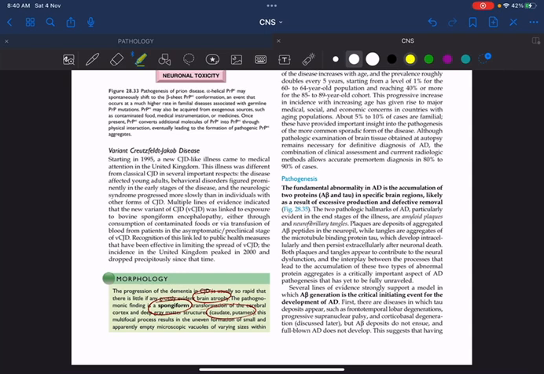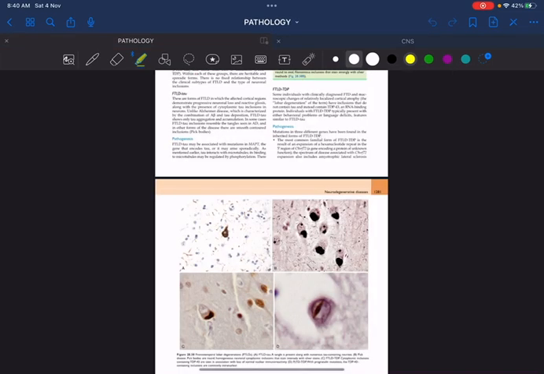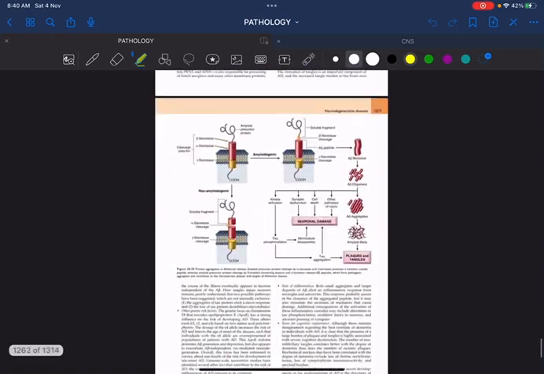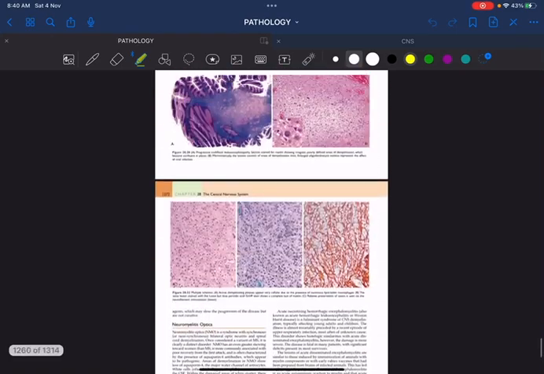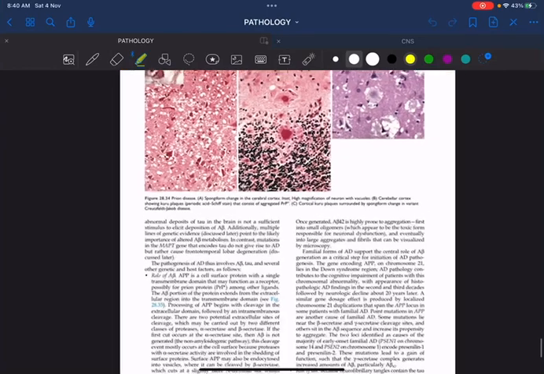But here there will be excessive production or defective removal of this A beta amyloid plaque. That is actually the pathological hallmark of Alzheimer's disease. So finally we will have amyloid plaques and neurofibrillary tangles. Remember, A beta generation is the critical and initiating event for the development of Alzheimer's disease. Fine, let us see what is happening in Alzheimer's disease.